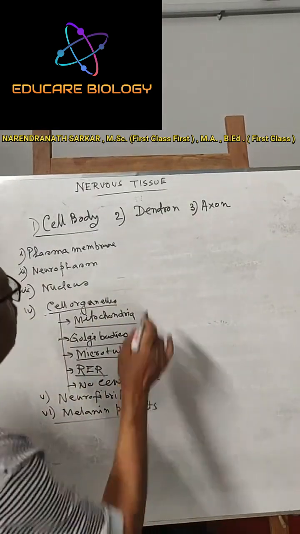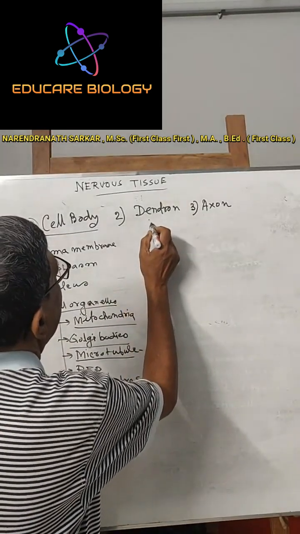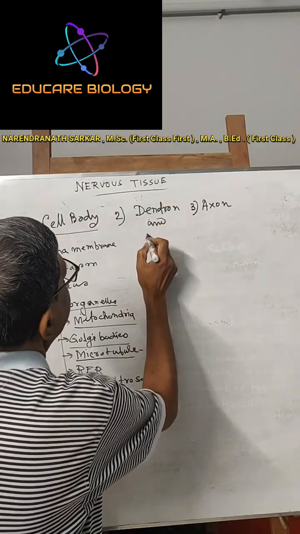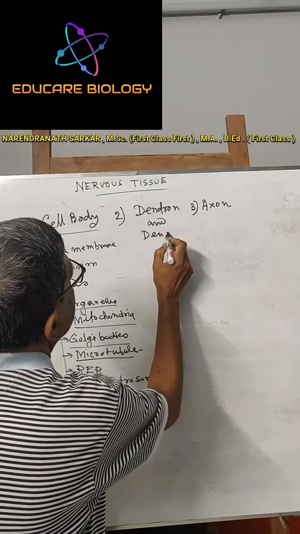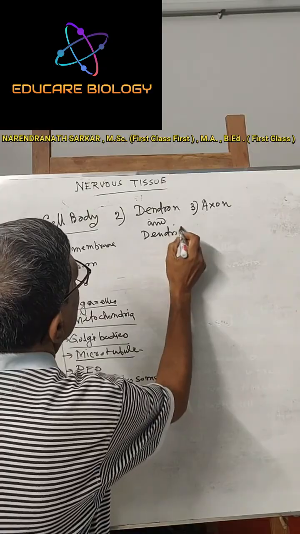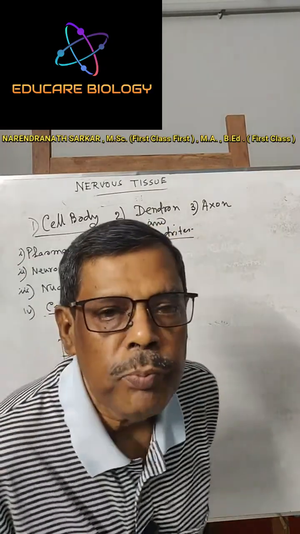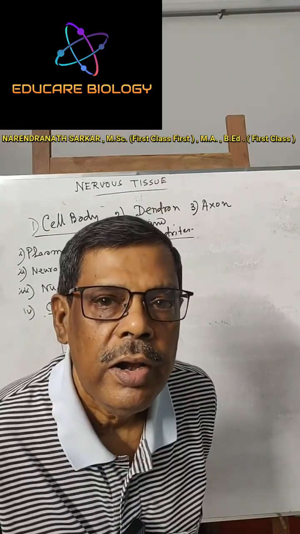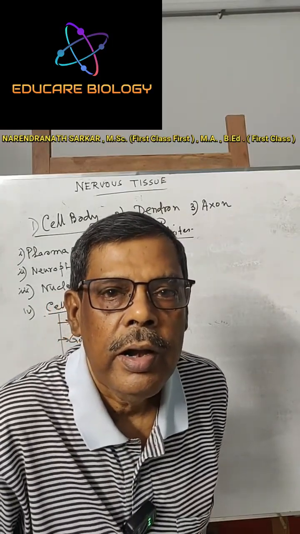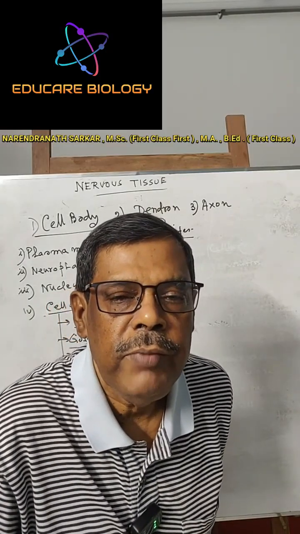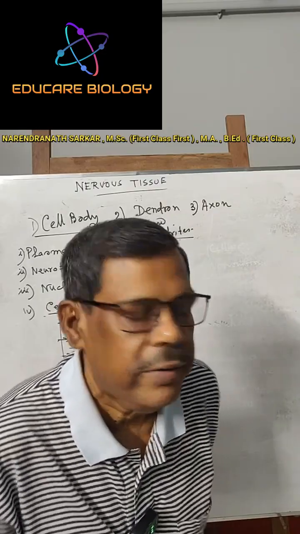Next, dendron and dendrites. The short protoplasmic process is called dendron. Dendron divides into many branches, which are called dendrites.